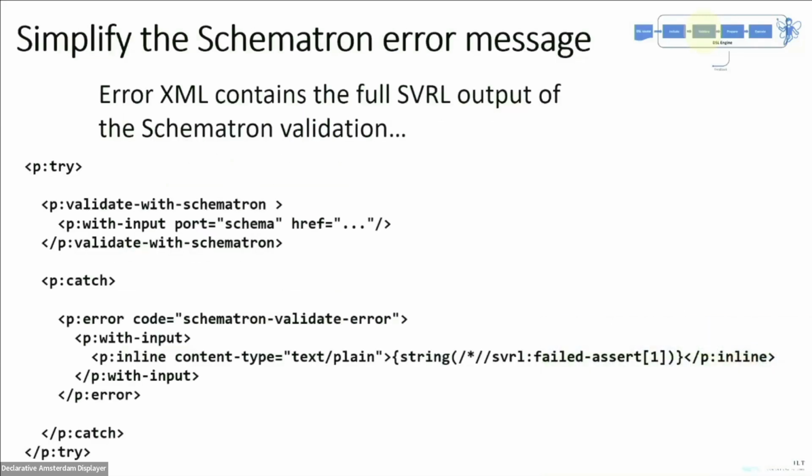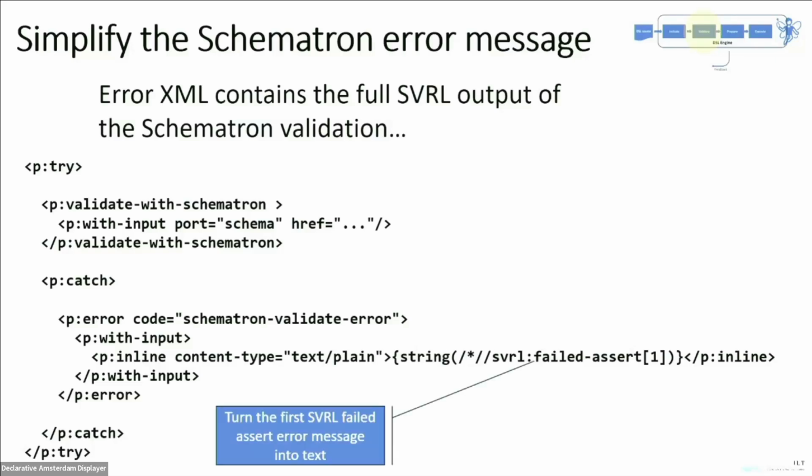So if you get an error in Schematron, you get the whole SVRL dumped on your console. Not very nice. So again here, we simplify the error message with the same technique, and now we only take the first failed assert message from our SVRL, which is enough just to tell us, okay, something went wrong. Let's load the stuff in the editor and find out what's wrong.